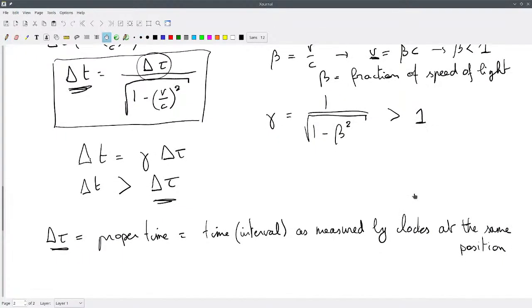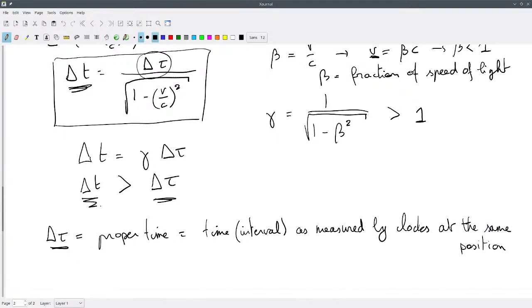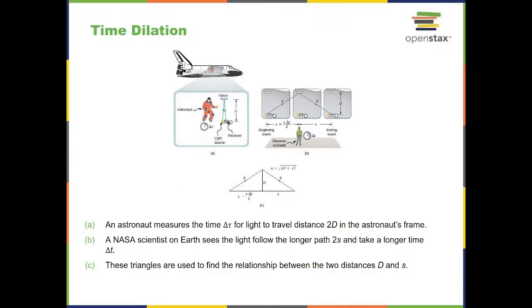In fact, any time measured by clocks at different positions will be larger than the proper time. The proper time is the smallest time that you can measure. It is essentially what you measure if you are moving with the system whose time you're measuring. So in this case, it's the time you measure if you are moving with that mirror system.